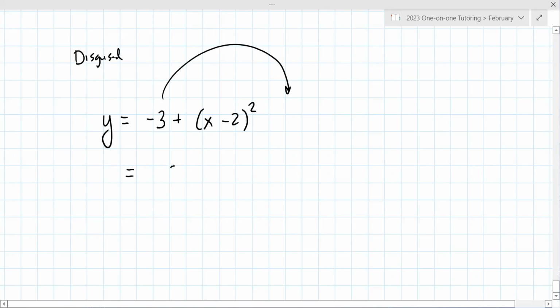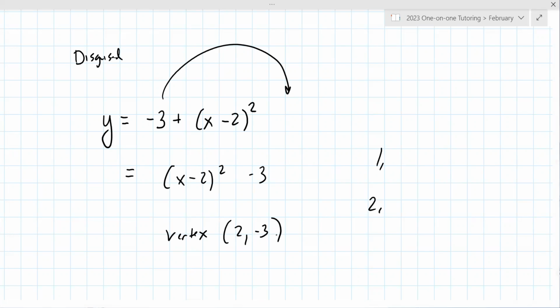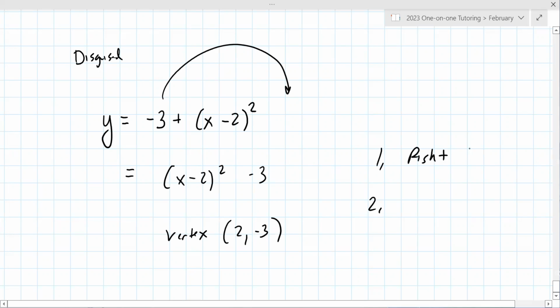Absolutely. So it'd be (x minus 2) squared minus 3. Now, before you give me the transformations, give me the vertex. 2, -3. Good. So then the transformations would be moves right 2 and down 3. You got it.